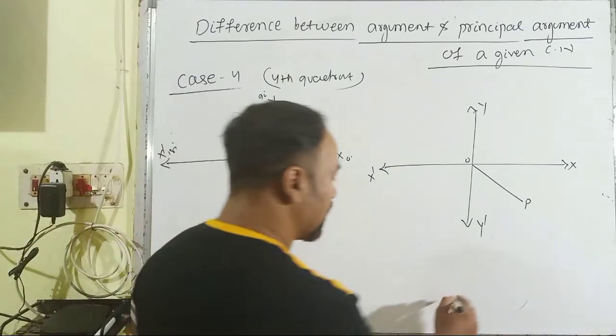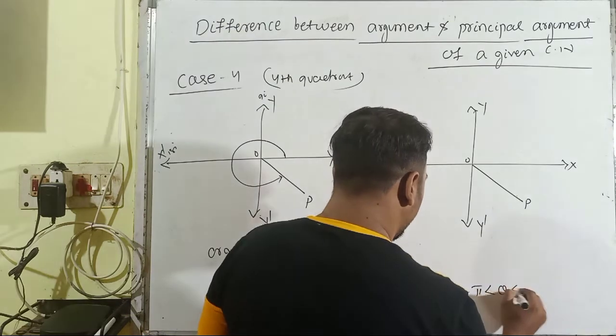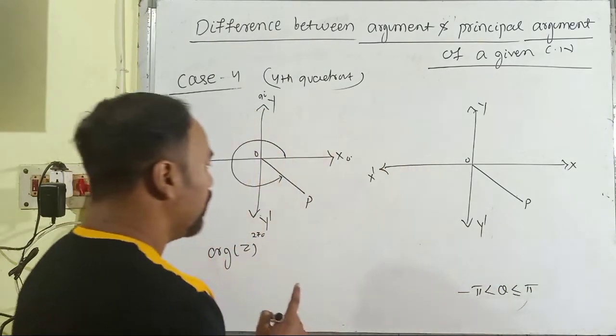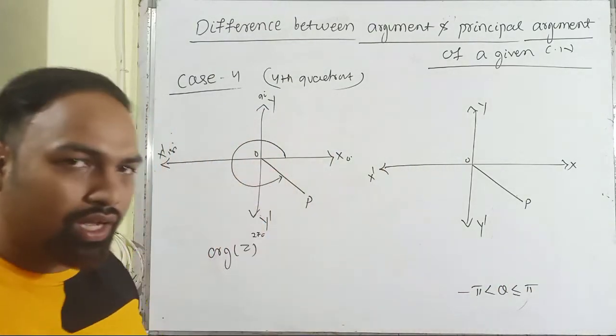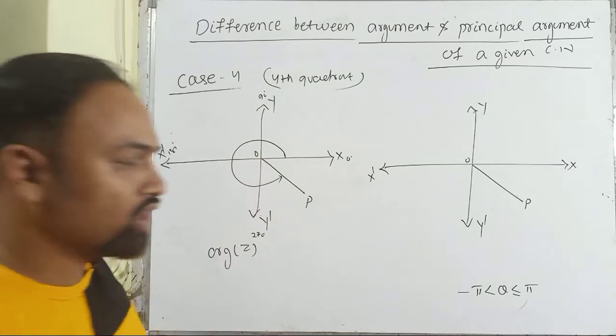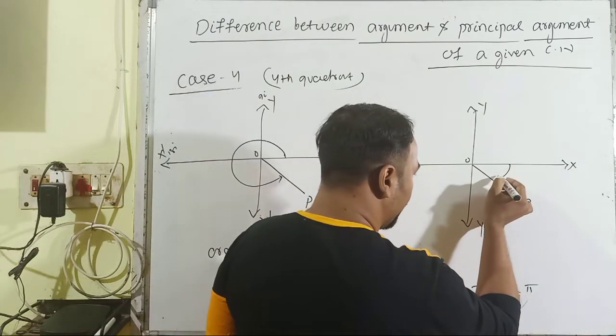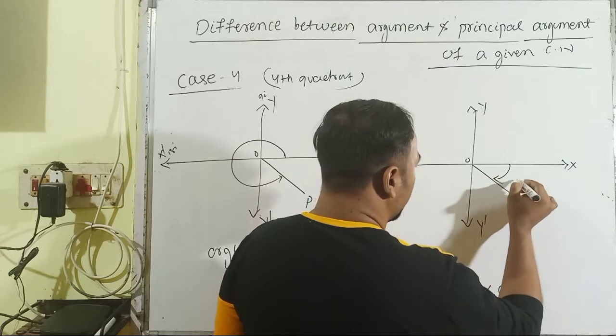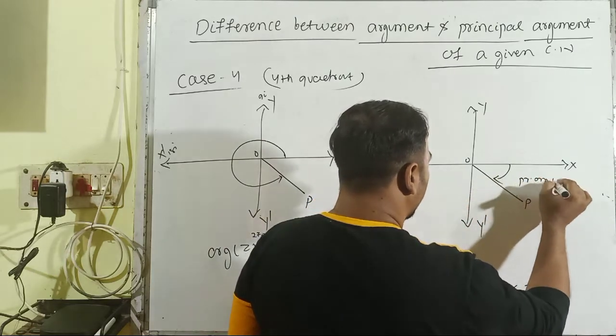But the condition tells that it must lie between minus pi and pi. So we cannot measure in anti-clockwise direction. Again, like the third quadrant, we have to measure it in clockwise direction. That means here it is the principal argument of z.